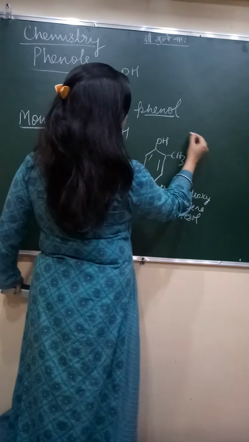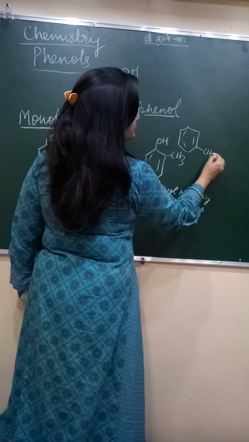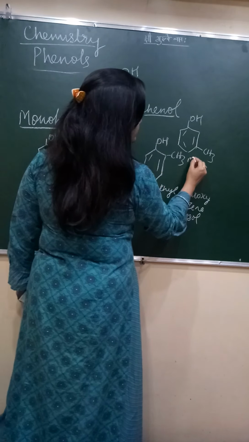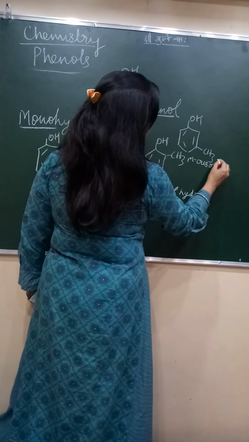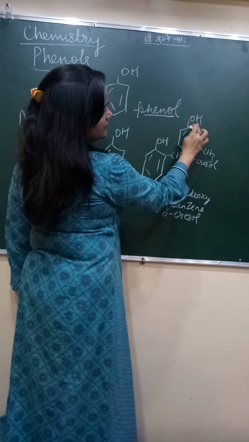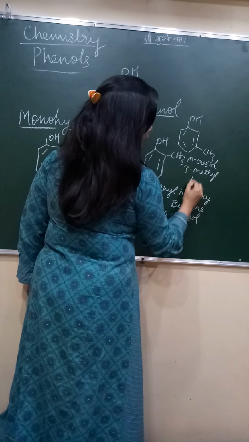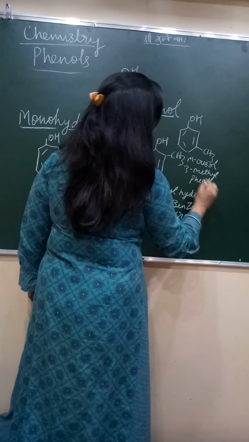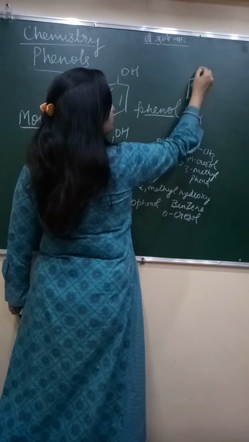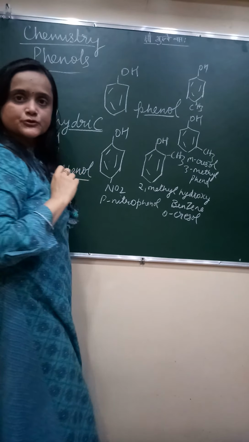Then comes the meta position. If the CH3 group is attached at the meta position, then it is called metacresol, and the parent name will be 3-methylphenol. Similarly, this is the para position.